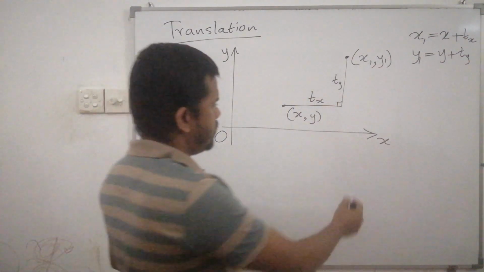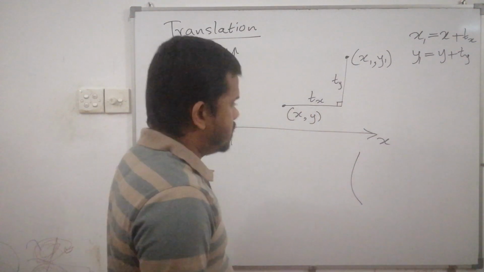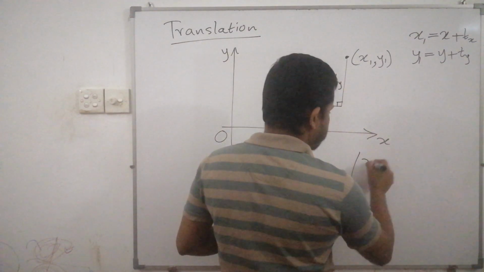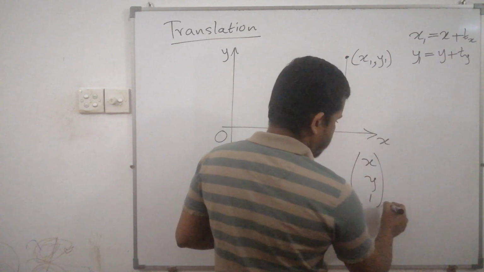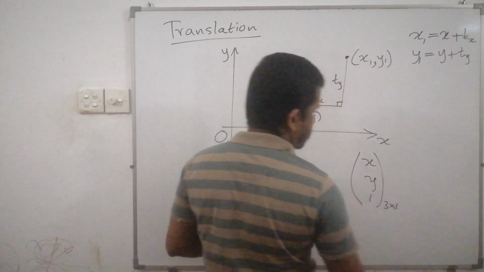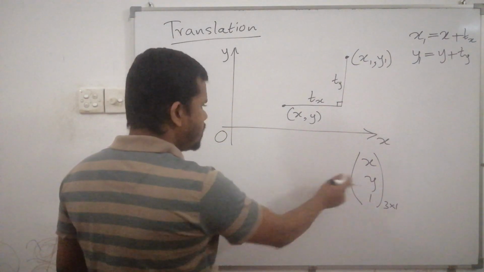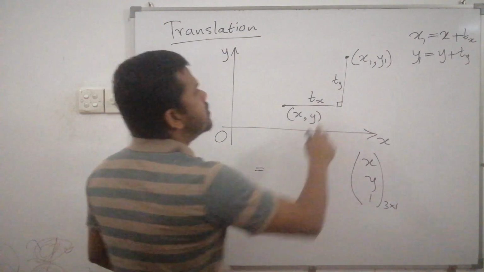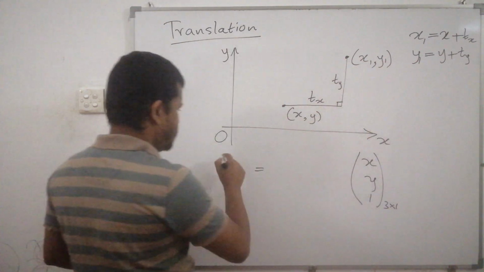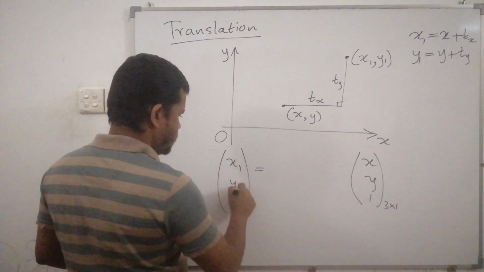Now, if we represent this point using a matrix, it is something like this. We can use a 3 cross 1 matrix. Now, we can represent this point using this matrix.